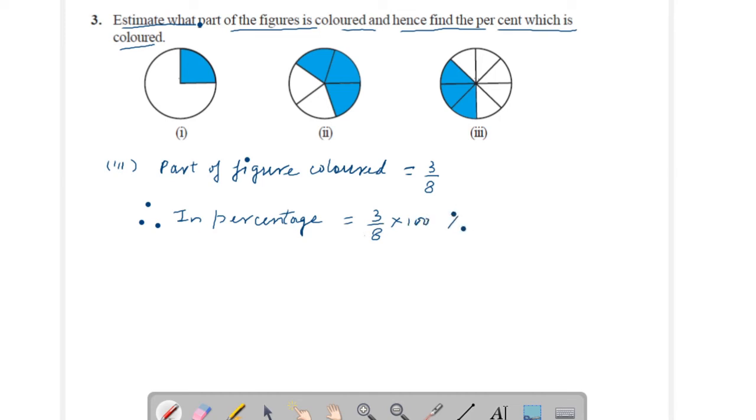Cancel it by 4. 4 1 and 4 25. It is 25. Simplify it. 25 3 is 75 upon 2%, or convert it into decimal. You will get 37.5%.